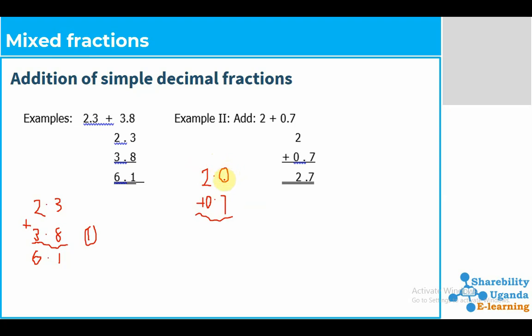So this means we shall now be able to add them and say what is a 0 plus a 7, we shall get our 7. Then you say point. Remember this side we are saying it is in tenths, alright? Also this side it is in ones, so we shall say a 2 plus 0, then we shall get our 2. So this is the way how you can sum up that number.